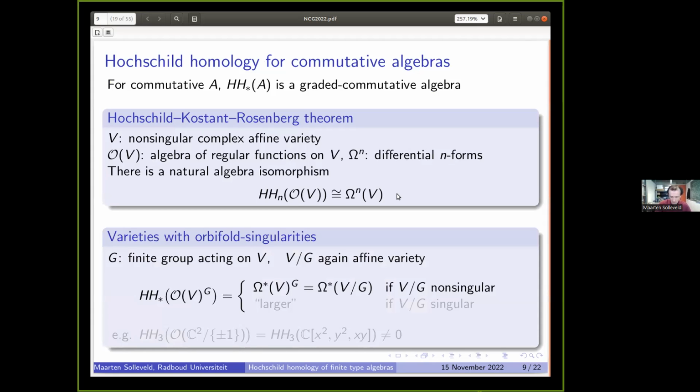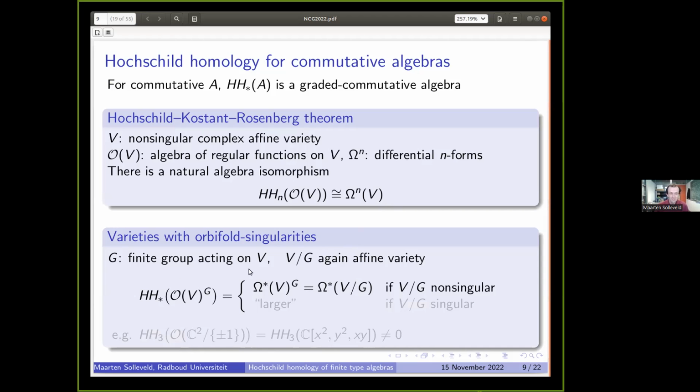For comparison with later situations, I also wondered what happens if you take not just a non-singular affine variety, but make it into an orbifold by dividing out the action of a finite group. If you take an affine variety and divide out a finite group, it's again an affine variety. But dividing this out, you may introduce certain mild singularities, which I call here orbifold singularities.